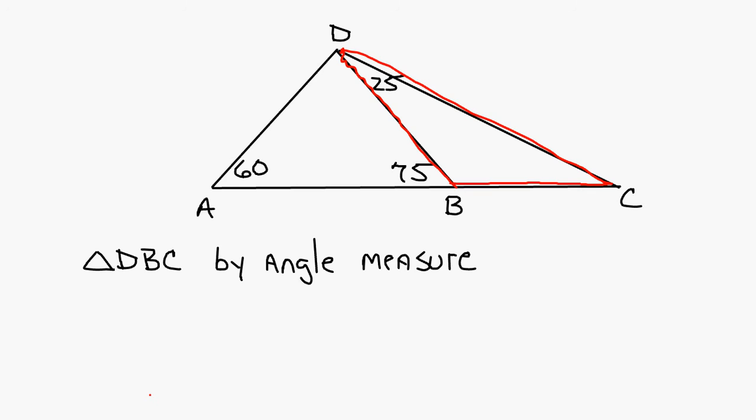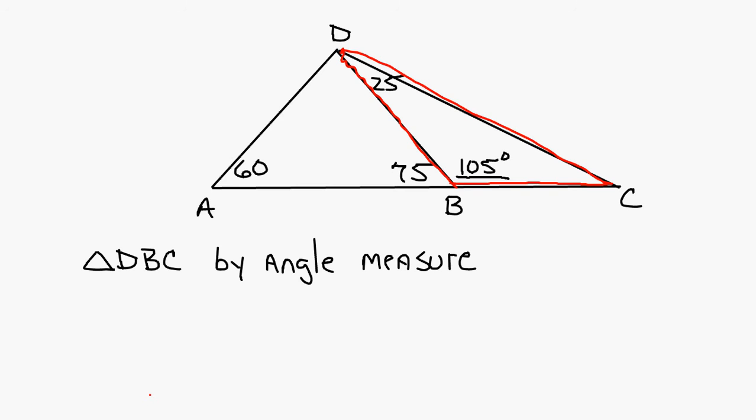So if you look at this angle DBC right here, these two angles are a linear pair. All right, so if you take 180 and you subtract 75, you're left with 105 degrees. So this angle measure is 105 degrees. Now, do you guys remember what the angles in a triangle have to add up to? 180.